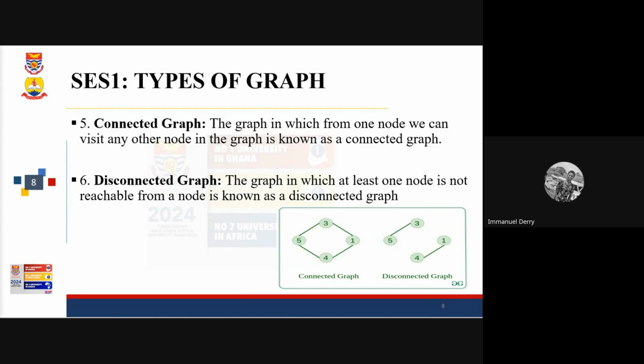Yes, in some instances you might get all the types of graph in one graph. That is acceptable. So this connected graph is the same as an undirected graph, because there are no directions on the various edges from each node to the other.